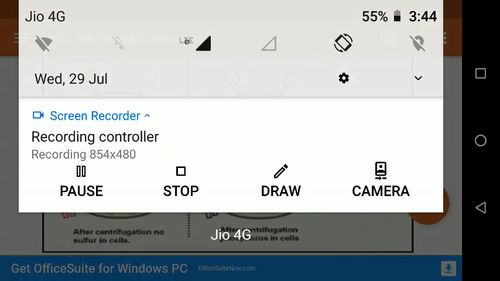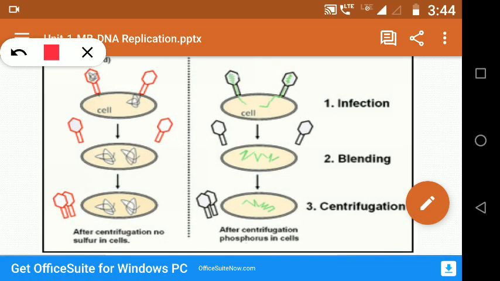So therefore they concluded that the genetic material, the nucleic acids, is entering into the cells, and the protein coat is not entering into the cell, and it is still outside. And when we continue the life cycle of the bacteriophage inside the bacteria, from the E. coli cell several virions will be produced.